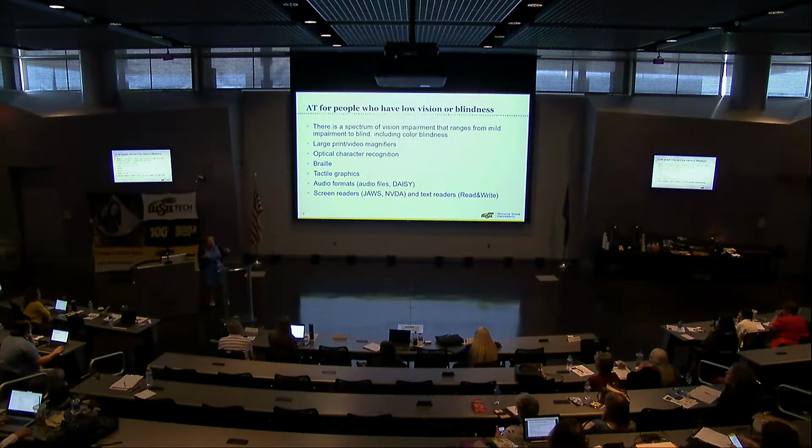AT can range in this group from the very simple reality that sometimes just all you need is large print or larger print. As I've gotten older, I have noticed that print has gotten smaller. I don't know what's going on with that. And that's because you have just this natural degradation of vision over time. Just larger print works for a lot of people.